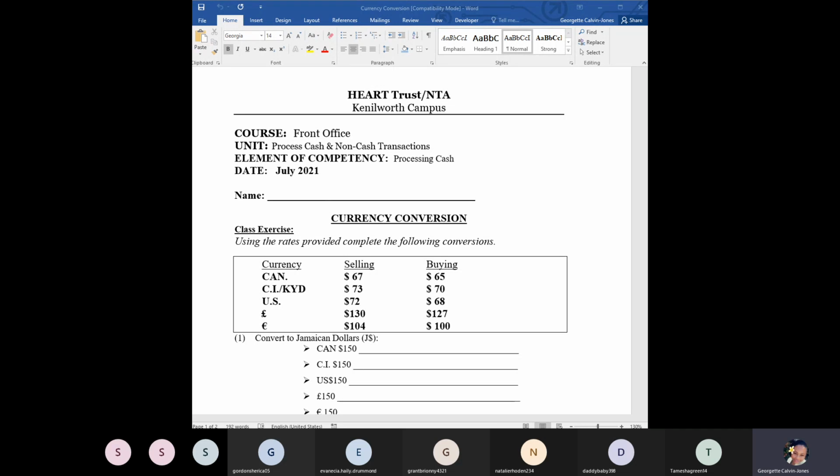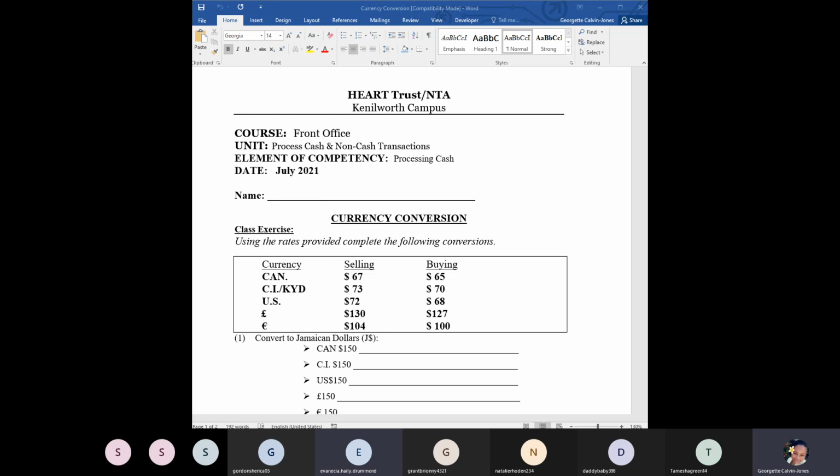Jamaican. Make any sense? Miss, can you put a note on the screen, please? When you're converting to Jamaican, you sell. And when you're converting from Jamaican, you buy. Make sense, rather? Yes, Miss, it makes sense to me.